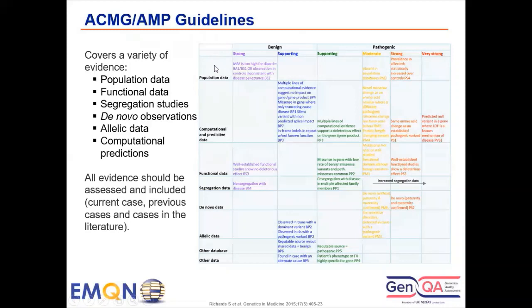There are population data, and when the minor allele frequency is too high for a specific disorder, or the observation in controls is very high and it's inconsistent with disease penetrance, you can use this as a criterion that the variant is probably benign.